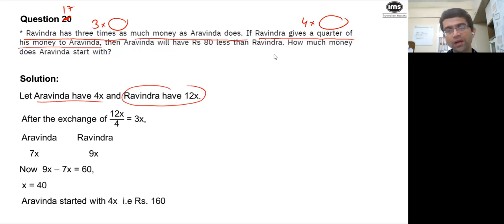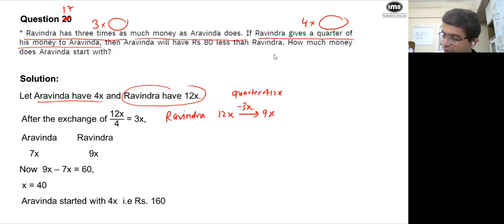Correct. So I assumed Ravindra as 12x and not 3x or 4x because 12 is a multiple of 3 and 4. So let Arvinda have 4x, Ravindra has 12x. If Ravindra gives a quarter of his money to Arvinda, so Ravindra is going to give a quarter of his money. So out of 12x, he is going to give away 3x, which is a quarter of 12x.